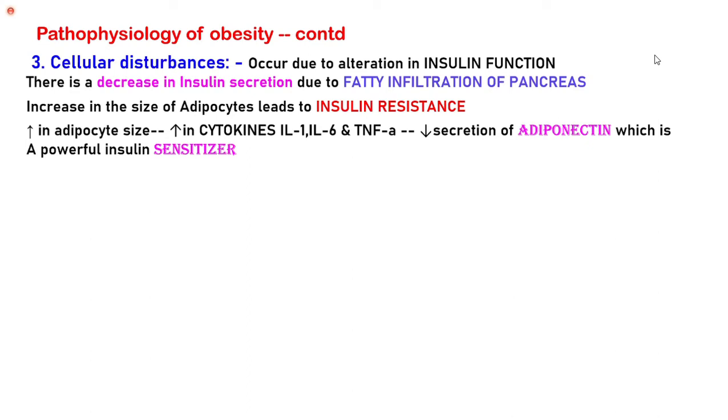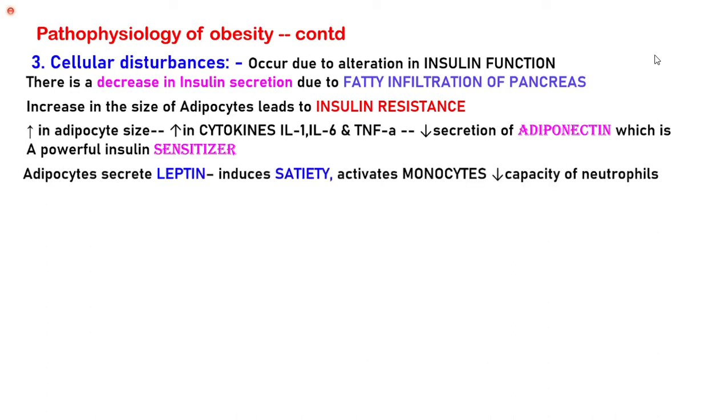And in the adipocytes, increased number of cytokines, interleukin 1, 6, and TNF-alpha, they are all increased. And there is a decreased secretion of another hormone called adiponectin, which is a powerful insulin sensitizer. So because of the decrease in adiponectin only, insulin is not able to carry out its normal action.